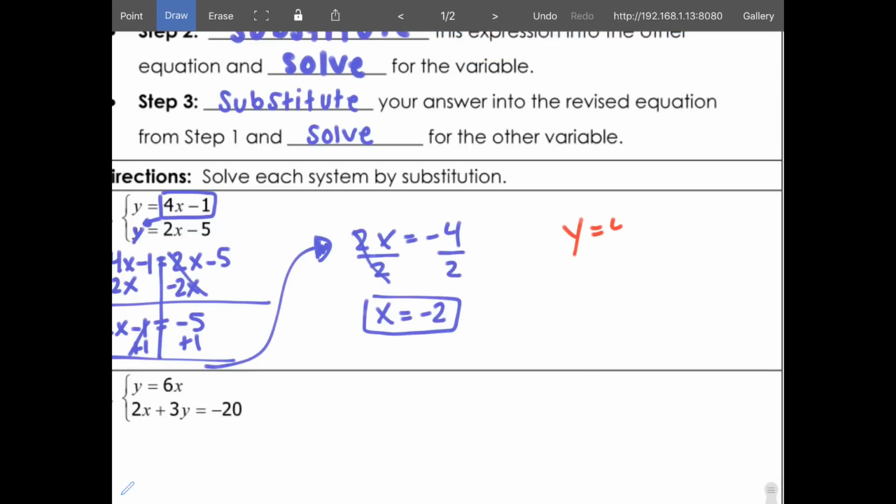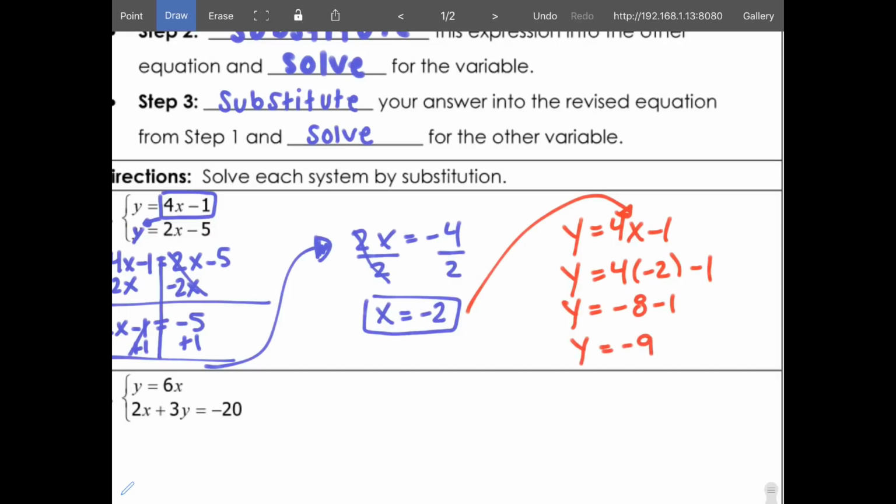Y equals 4x minus 1, and I'm substituting x in here. So y equals 4 times negative 2 minus 1. Y equals negative 8 minus 1, which is negative 9.